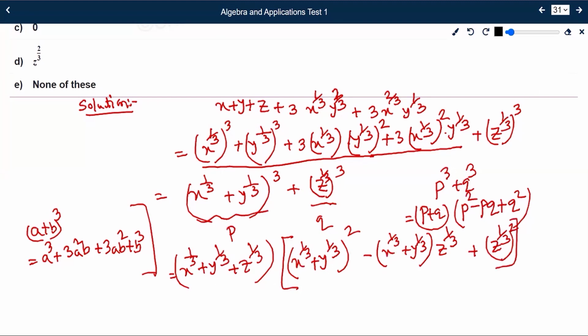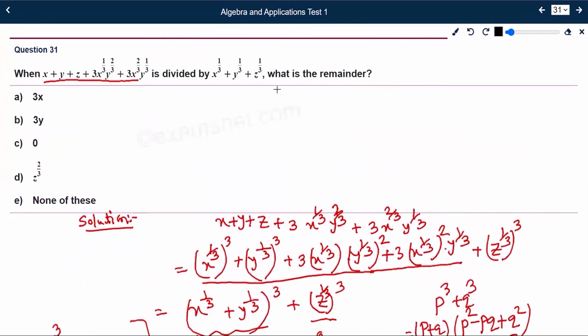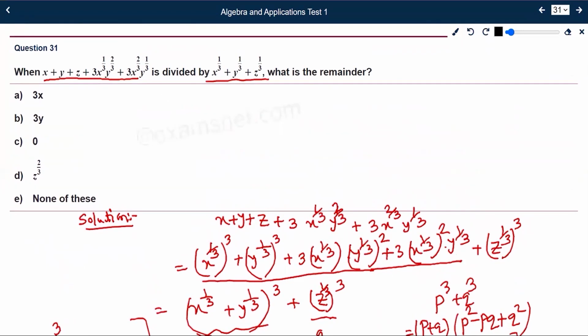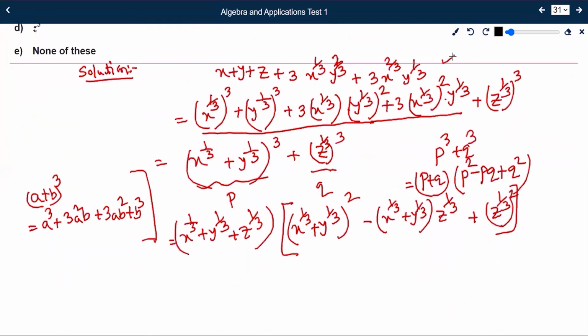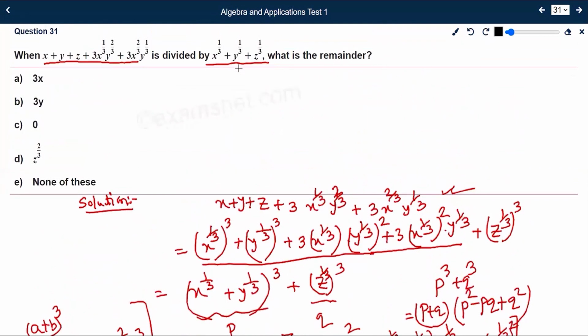Now look here, this expression is a factor of the first polynomial, of the first expression, right? So since this is a factor, whenever we divide with the help of this factor, we will always get remainder as 0. So here remainder is 0. Option C is the correct one.